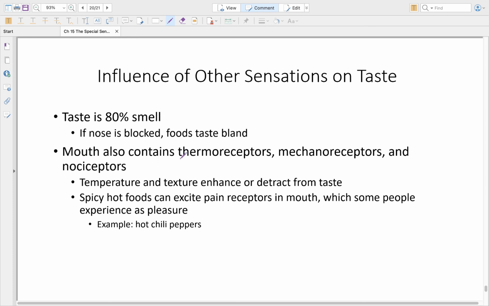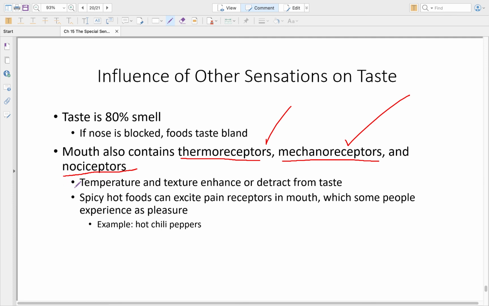Now, your mouth has thermoreceptors that pick up temperature, mechanoreceptors that can pick up physical vibrations or physical contact, right? And then we have nociceptors, okay, which are pain receptors.